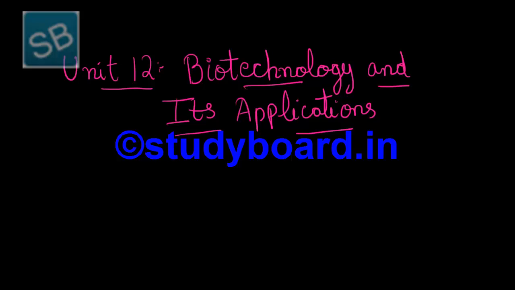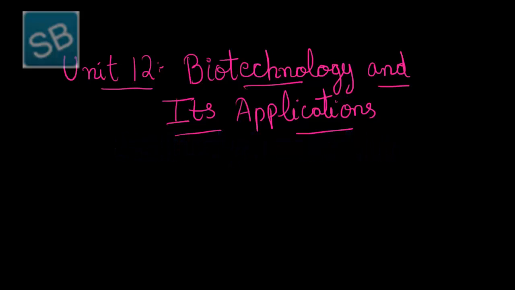Now we'll start with Unit 12, that is Biotechnology and its application. In the previous chapter, we learned about what biotechnology is, and what tools and processes are involved in this field.